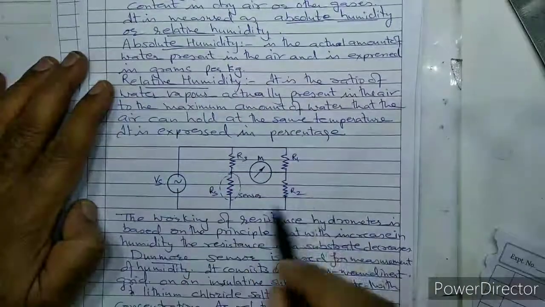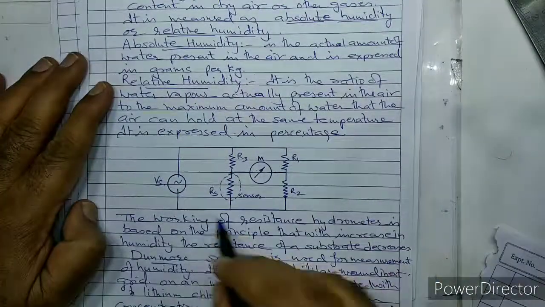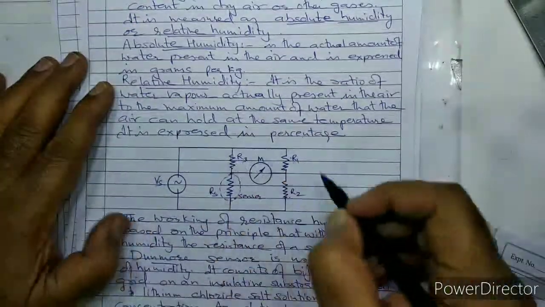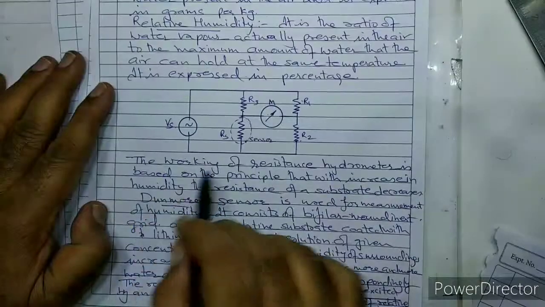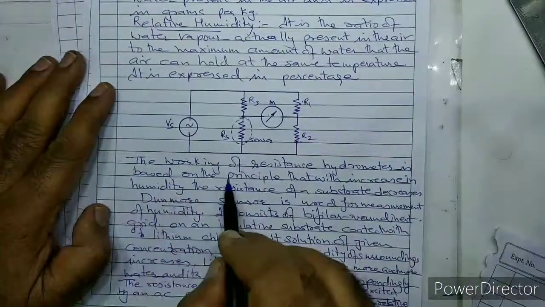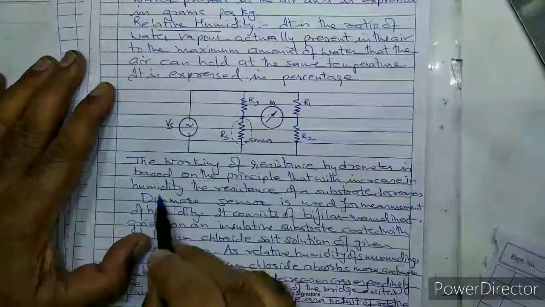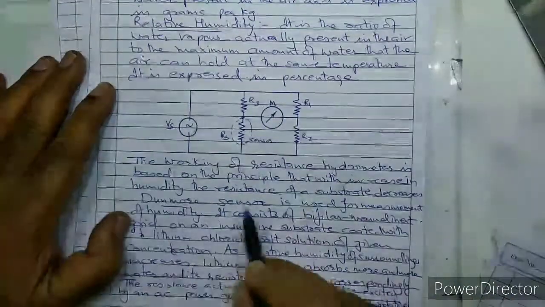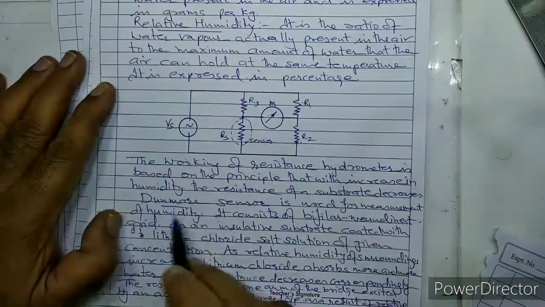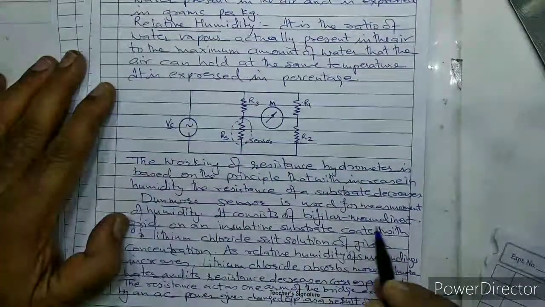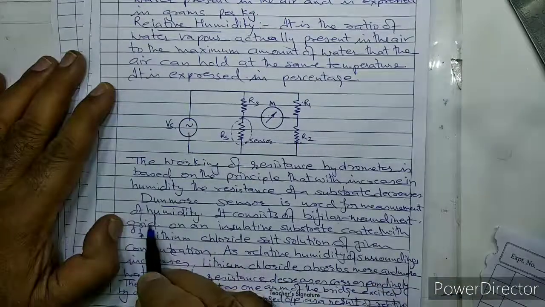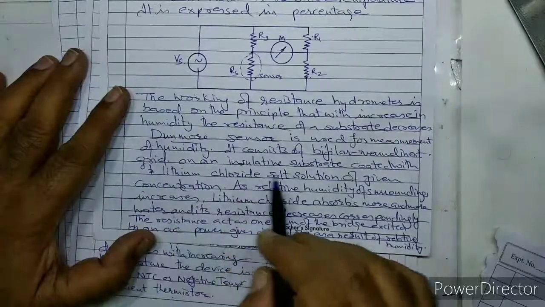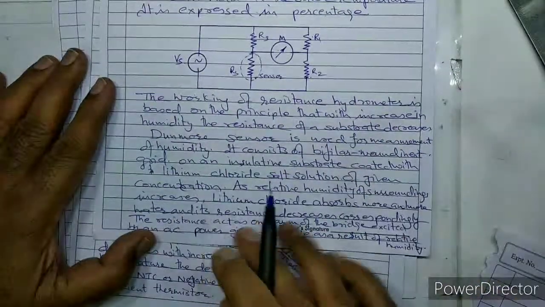Now here we can see a bridge where RS is the sensor and R1, R2, R3 are the resistances. The working of the resistance hygrometer is based on the principle that with increase in humidity, the resistance of a substrate decreases. The Dunmore sensor is used for measurement of humidity. It consists of a bifilar wound inert grid on an insulated substrate coated with a lithium chloride salt solution of given concentration.